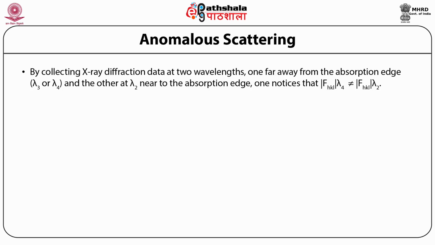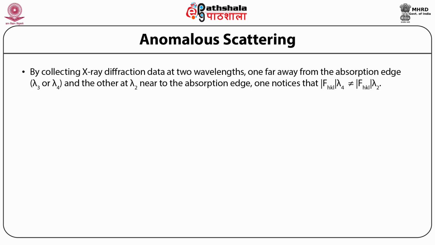And one notices that the structure factor amplitude mod FHKL at lambda 4 will not be equal to the structure factor amplitude FHKL at lambda 2, because at lambda 2 there is a dip in the f prime curve. F prime becomes most negative at this wavelength. So if you look at the y coordinate, your f prime value will be most negative compared to the lambda 4 cutting of this f prime curve, where it will be less negative.